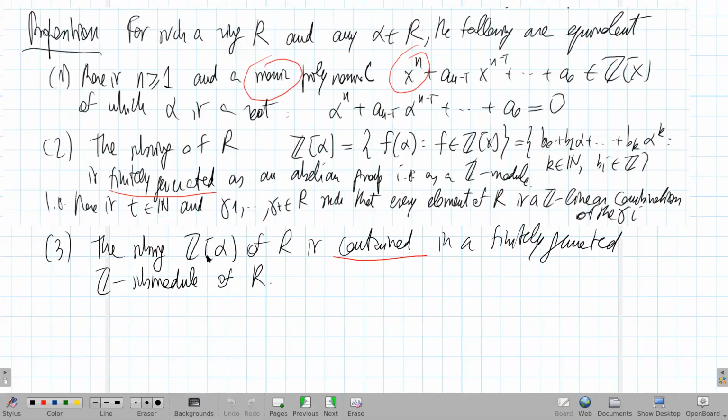If Z[alpha] is contained in a finitely generated Z-submodule of R, you simply use the fact that the submodules of every finitely generated module over Z, in general over a PID, are finitely generated. So 3 holds, because 3 tells you that this is finitely generated as an abelian group, that is, as a Z-module. So 2 implies 3 is trivial, and 3 implies 2 follows from this general result.